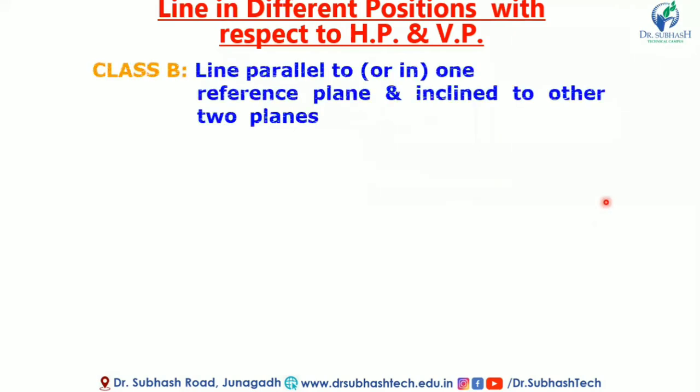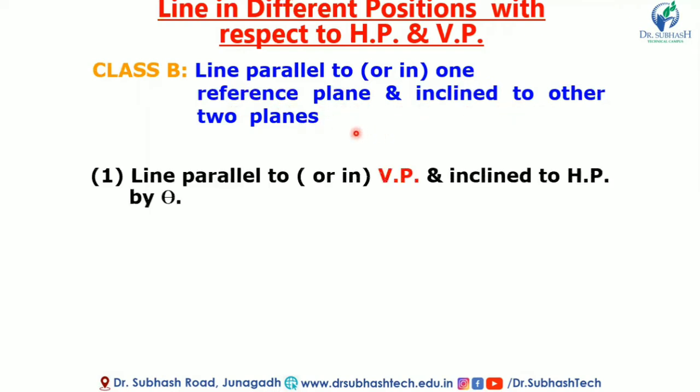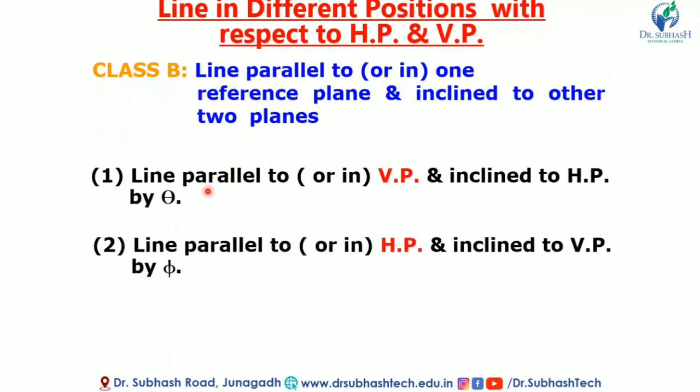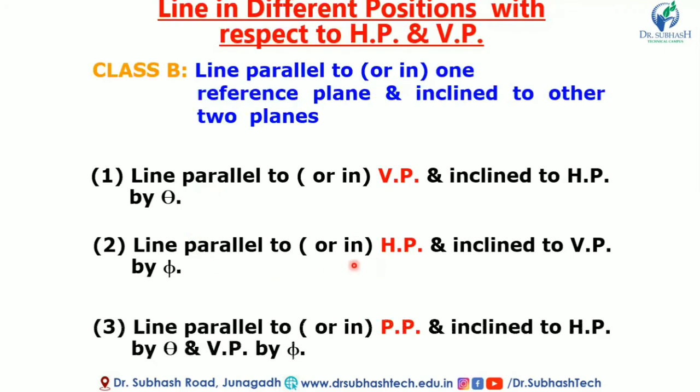And also class B, line parallel to or in one reference plane and inclined to the other two planes. There are three different cases in this class B: line parallel to VP and inclined to HP, line parallel to HP and inclined to VP, and line parallel to PP and inclined to HP and VP both.